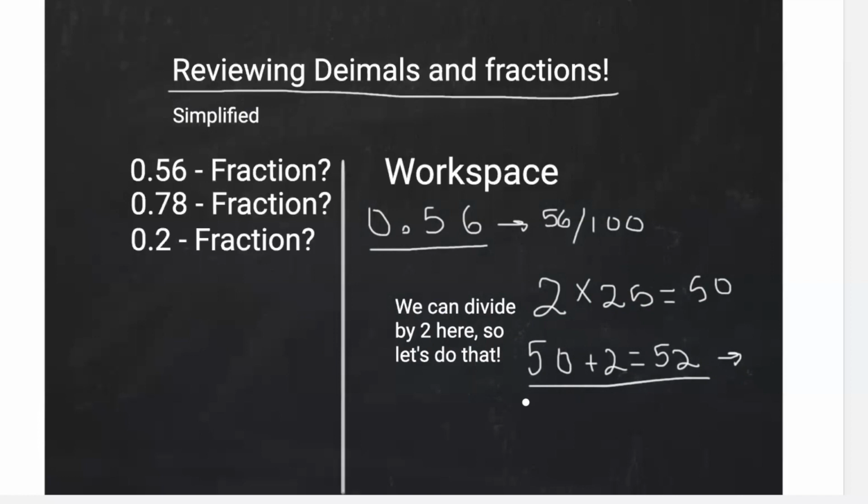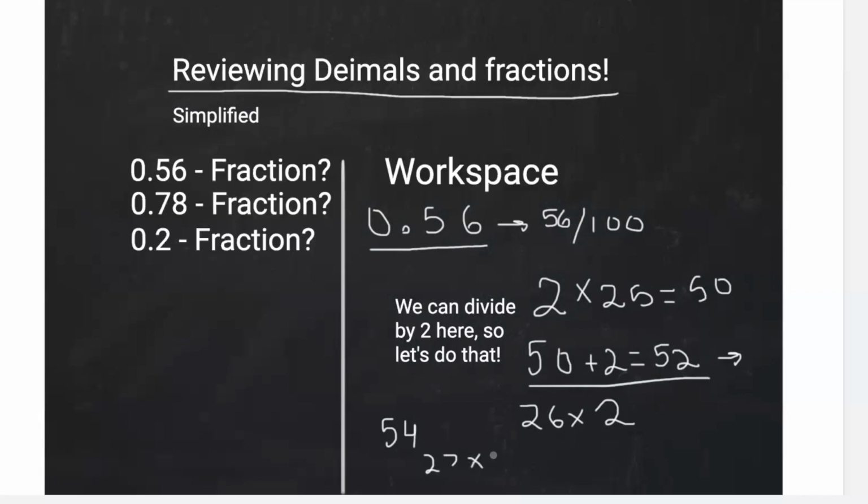And then we can move on. Let me just write 26 times 2 right here, which would equal 2 plus 50, which would equal 52. And then we have 28 times 2, which would give me 54.